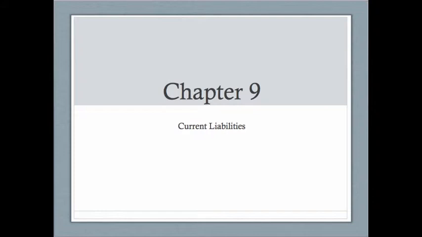The last one in terms of current liabilities that may show up on our balance sheet is called contingent liabilities. Just by using the term contingent, it means that we have an obligation that needs to be satisfied if something occurs.